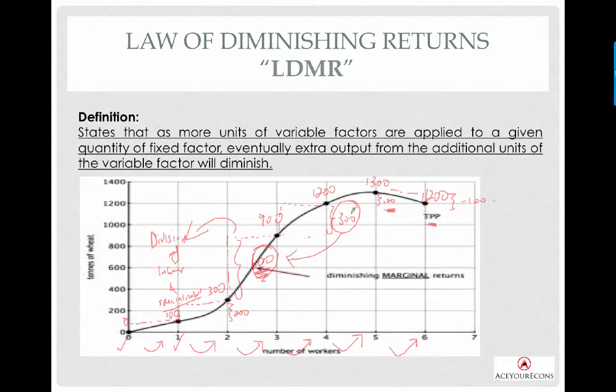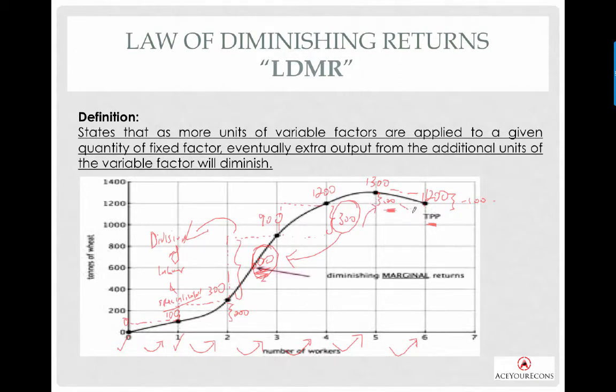And not only that, the workers will get into each other's way. 4 workers sitting right at the back of a very small harvester, people will get into each other's harvesting. They may even fight with each other. So you realize that your growth is actually slowing down.